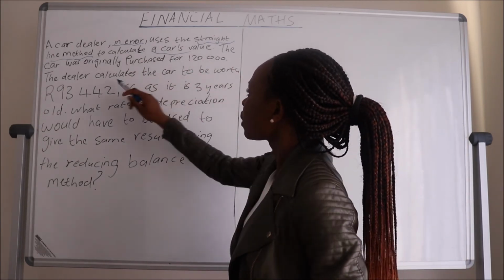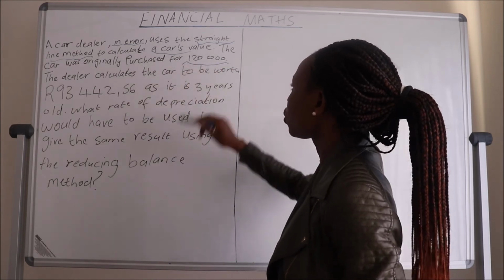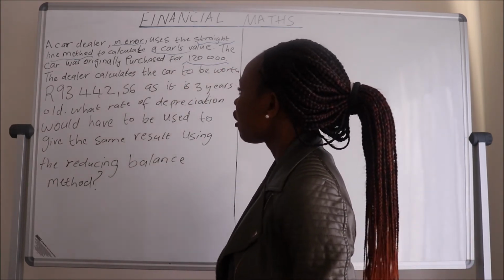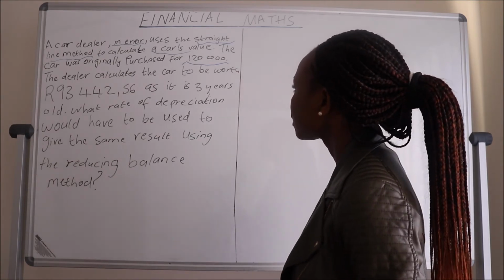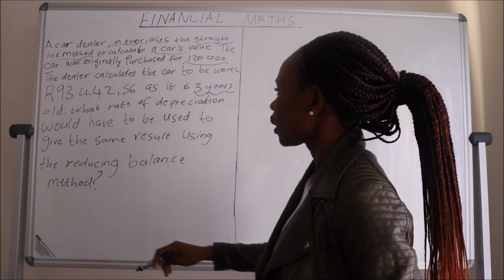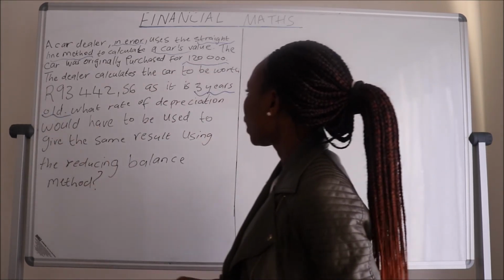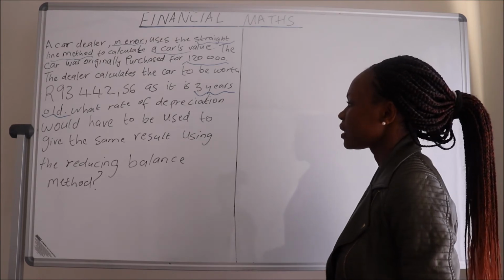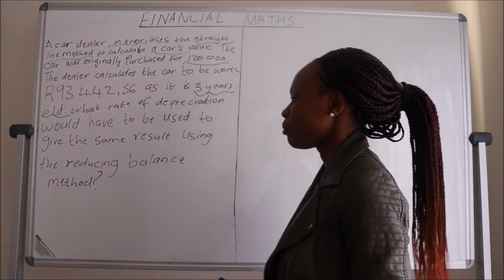Then they say the car was originally purchased for 120,000. The dealer calculated the car to be worth 93,442.56 as it is 3 years old. What rate of depreciation would have to be used to give the same results using the reducing balance method?